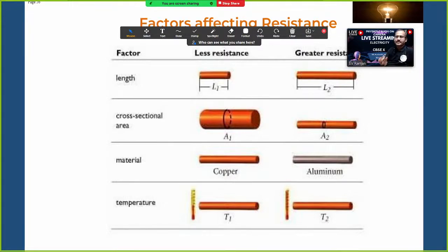Now I want to explain the same experiment practically. How can we say that when length increases, resistance increases, where are we seeing this in nature? This question was asked by a student in the classroom: Sir, once length increases, how does resistance increase?